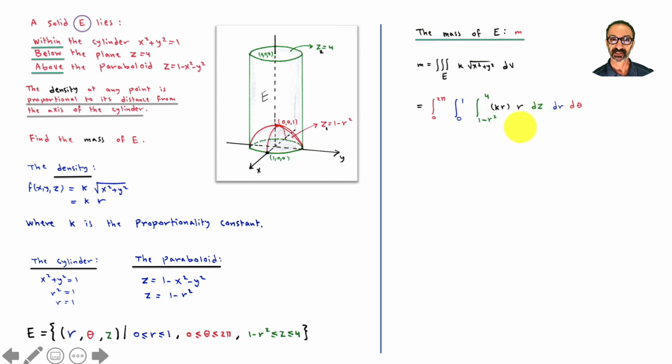Z in green goes from 1 minus r squared to 4, r goes from 0 to 1, and theta goes from 0 to 2 pi. All this work is to get this formula.